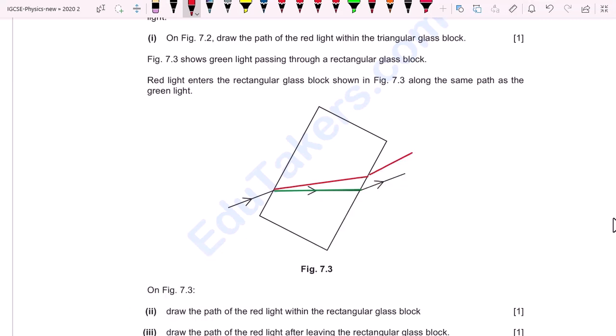So this is the path for the light when it comes out of the glass.